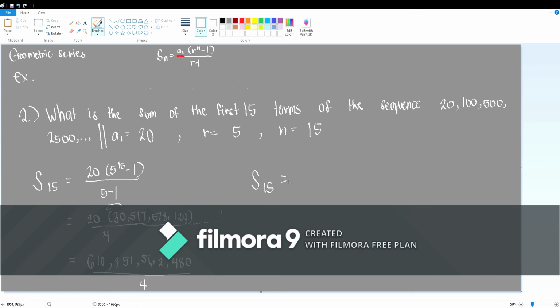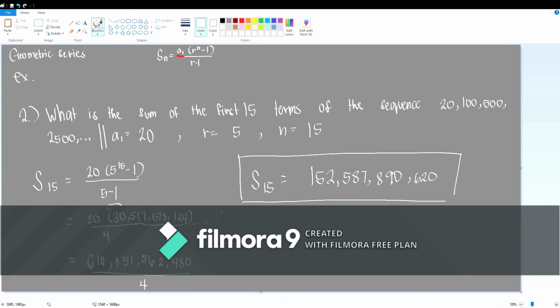Now solve this fraction with your calculator, and the answer will be 152 billion 587 million 890,620.